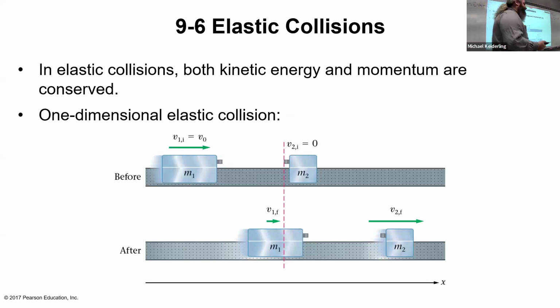So now let's talk about the other kind of collision, elastic collision. I guess I can give a decent demonstration of some elastic collisions, mostly elastic collisions. Here, these collisions are mostly elastic.